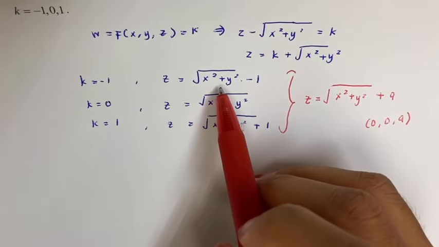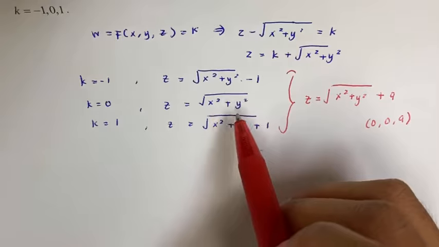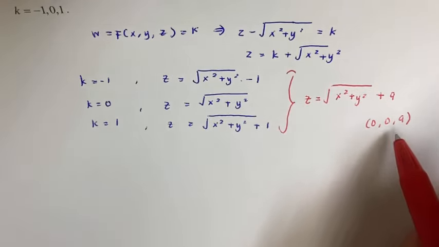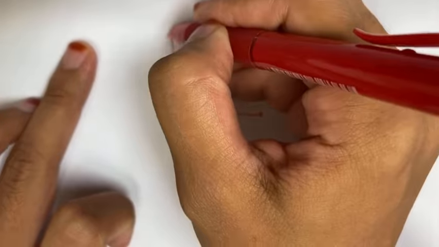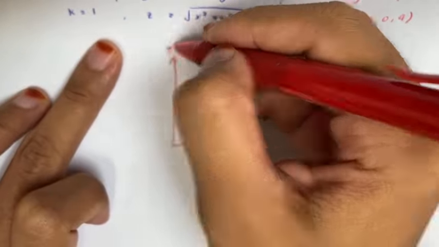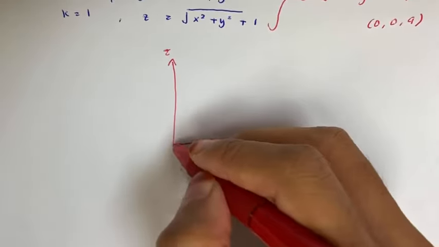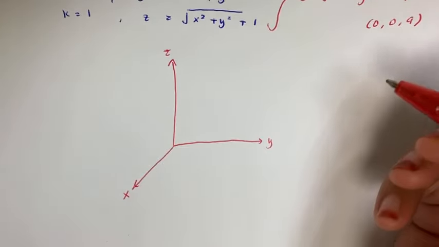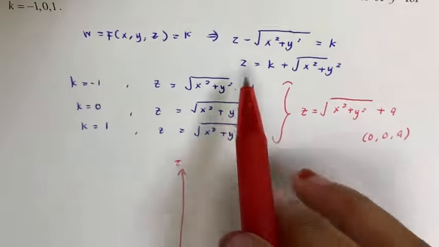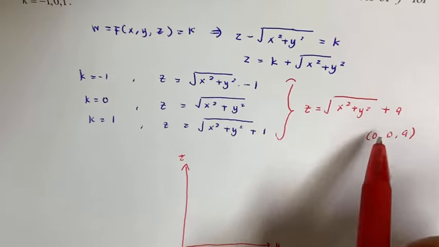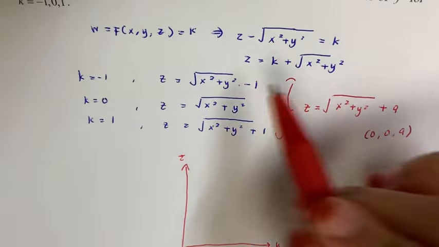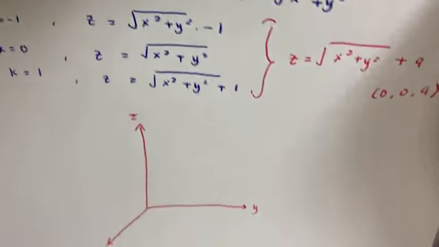So this is the cone with vertex at minus 1, the cone with vertex at 0, and the cone with vertex at 0, 0, 1. How to sketch this? Again, we have z, y, and x. For the first one here, you have a cone with vertex at minus 1, since our a here is minus 1 for k equal to minus 1.